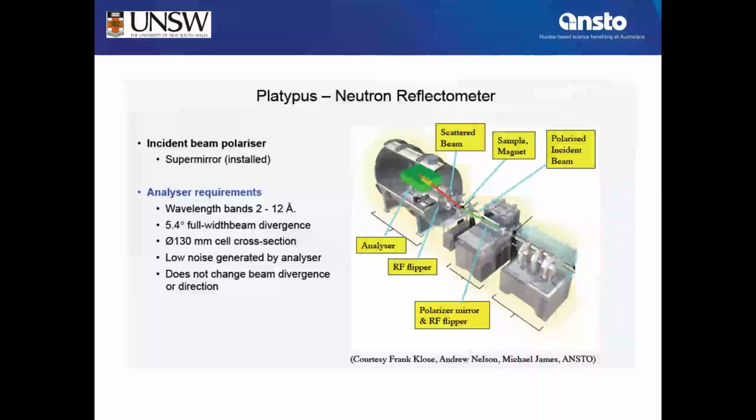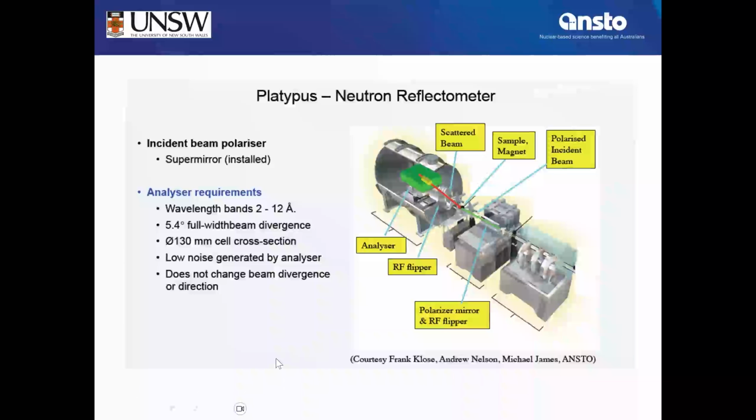Neutron reflection. This is a sketch of Platypus at UNSW, the neutron reflectometer. The incident beam is a polarizing supermirror, a magnetic supermirror, which means the incoming neutrons are already spin polarized. That's absolutely perfect to use.